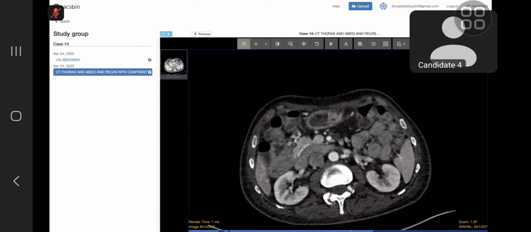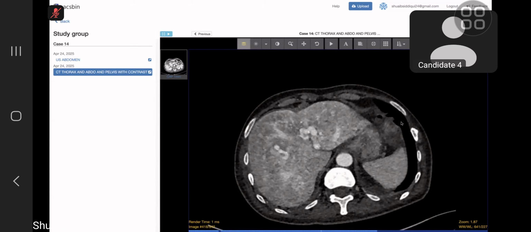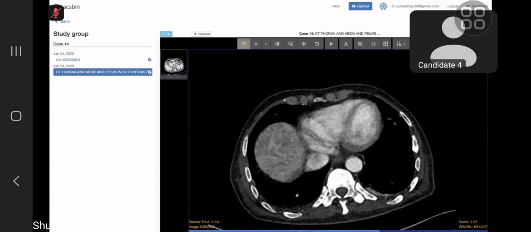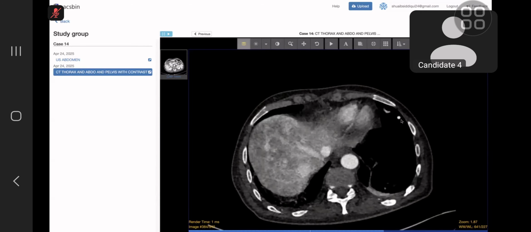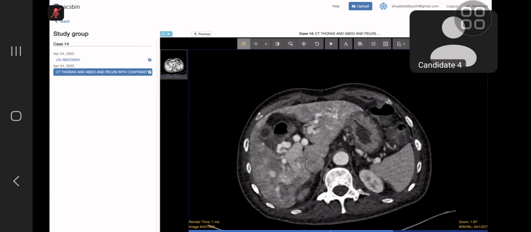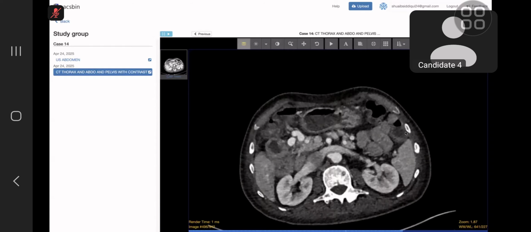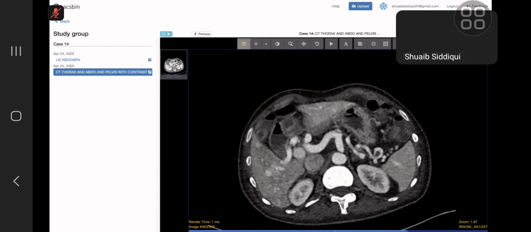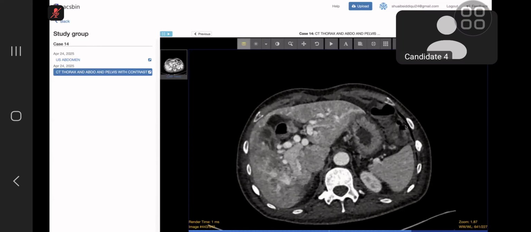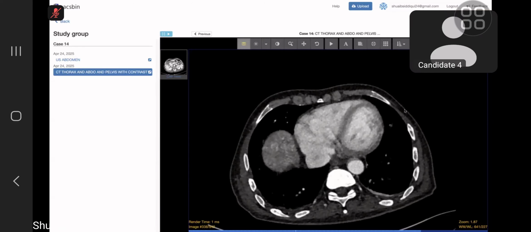The liver shows altered attenuation. The splenic artery, all the arteries appear dilated.